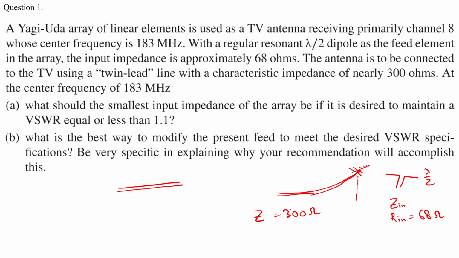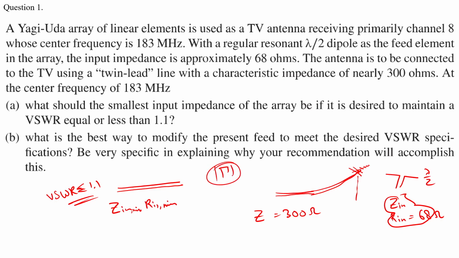Now our goal in part A is to find the input impedance Z in or R in min, which means the minimum value of this, if we want a VSWR less than or equal to 1.1. VSWR means voltage standing wave ratio, which is related to the reflection coefficient.